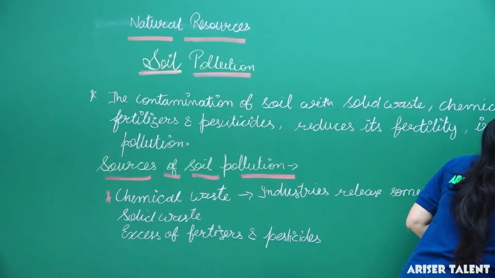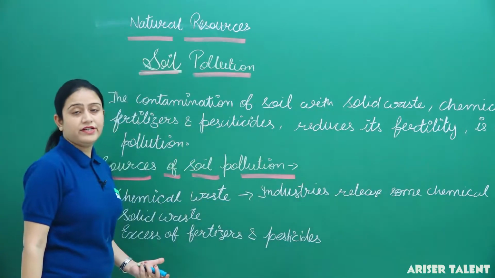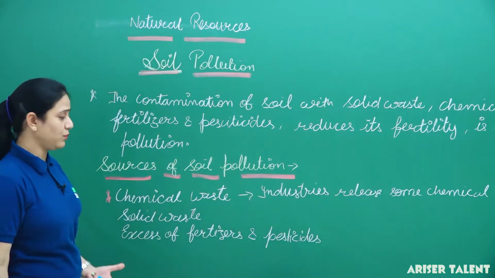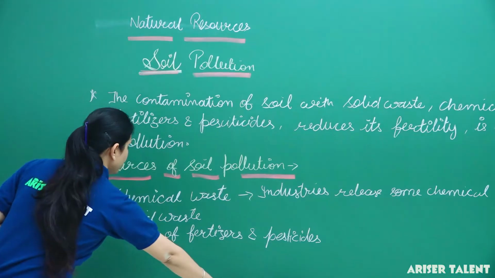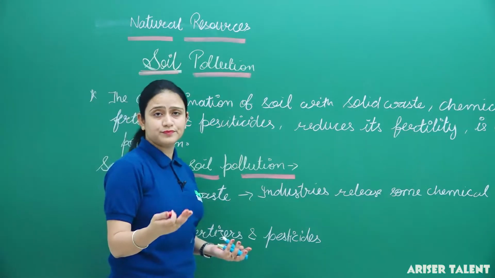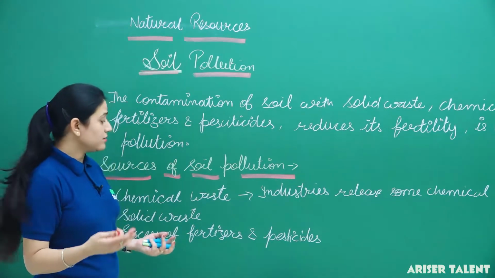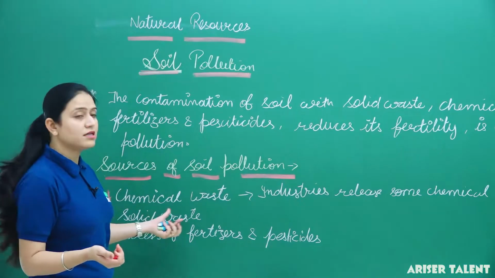the soil. Okay. If we talk about solid waste, this is the main source of soil pollution. How is it the main source? Generally, solid waste contains all the plastic and peels of vegetables and fruits, rubber, worn out clothes, bricks, stones, metals. Okay, so these are solid waste.